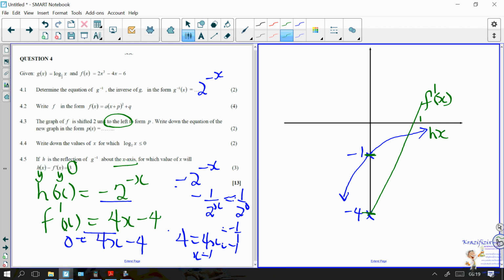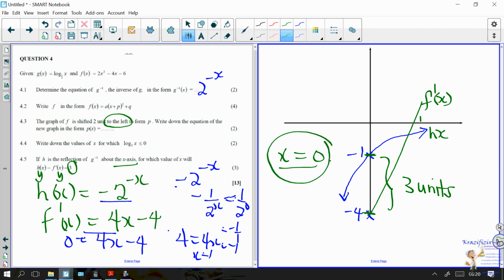Look at how many units I have here: -1 to -4. What do I have here? 3 units. And when do I have this? I have this when x equals 0. For which values of x will the difference be 3? My x will be equal to 0. And that's how we work things out there.